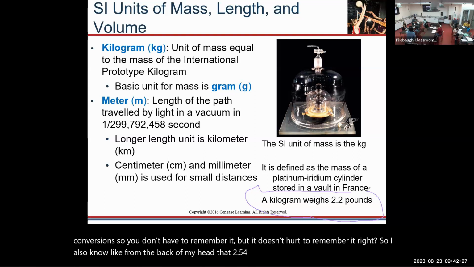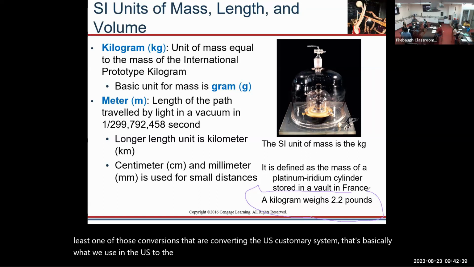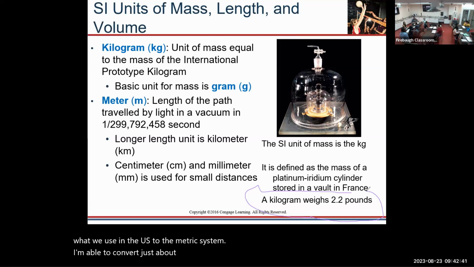I also know off the top of my head that 2.54 centimeters equals 1 inch. So if I have at least one conversion from the US customary system, which is basically what we use in the US, to the metric system, I'm able to convert just about anything, as long as I know that one thing on that topic.